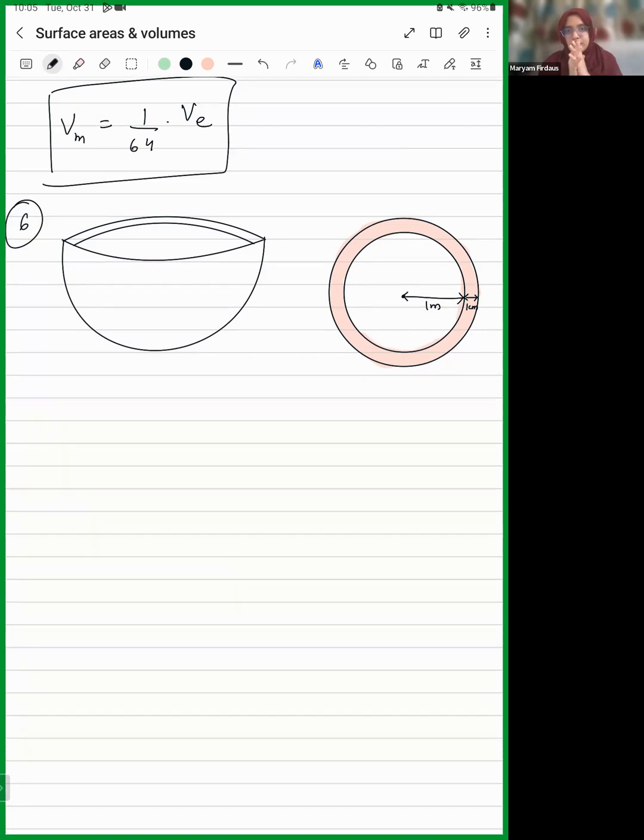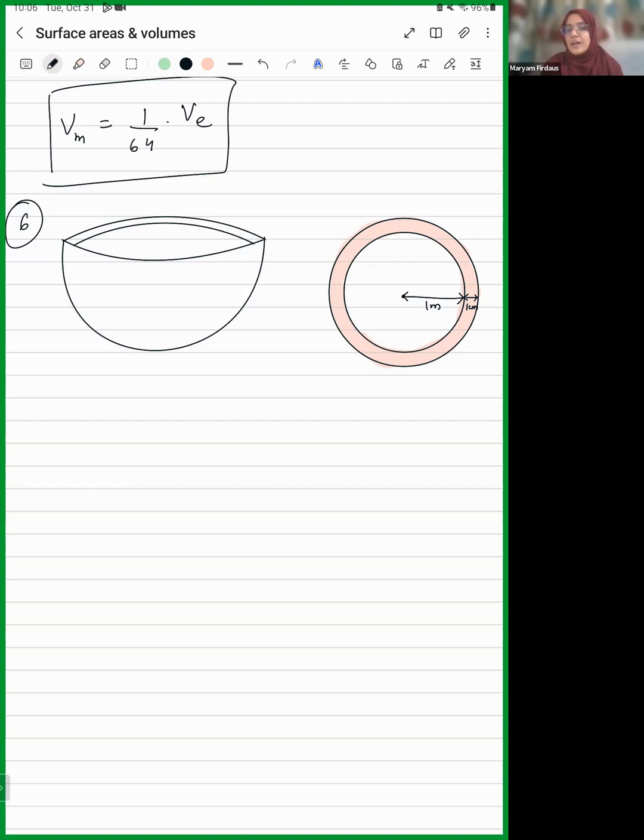Then can't we add them both up? Why would you add them? So it will be a complete circle. See, one of them has a bigger radius and one of them has a smaller radius. They are both of different sizes. The outer hemisphere, if you look at it, the outer radius is more than the inner radius, right?